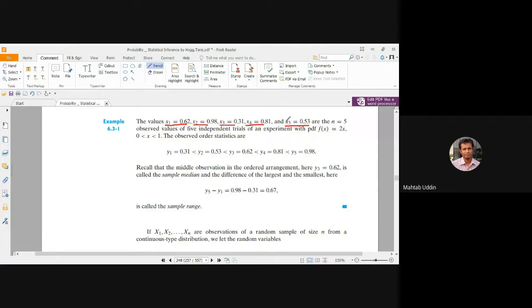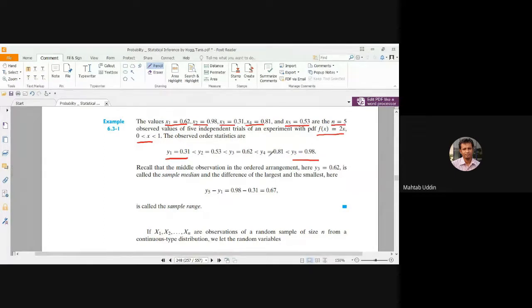Here x is the raw data and y is the ordered data. n equals 5, that is 5 elements are given, found from 5 individual trials of an experiment. The PDF is not required here, we'll use it later, with x between 0 and 1. Now look at this. They are organized: Y1 is the minimum, Y5 is the maximum.